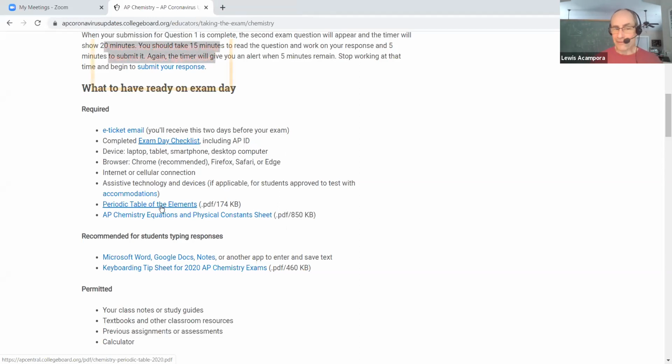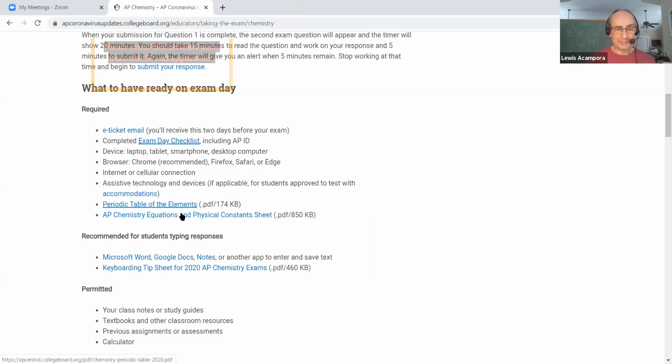But if you're asked for an atomic mass, use the one that is given to you from the College Board. You can certainly supplement it, and most of you have seen this periodic table. It's a pretty bare bones table with just symbols. It doesn't even have the names of the elements. And you're free to have your book with you, but download that and make sure it's available in hard copy. You don't want to be swiping windows as you're taking the exam.